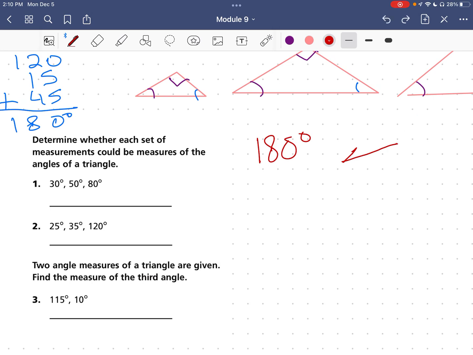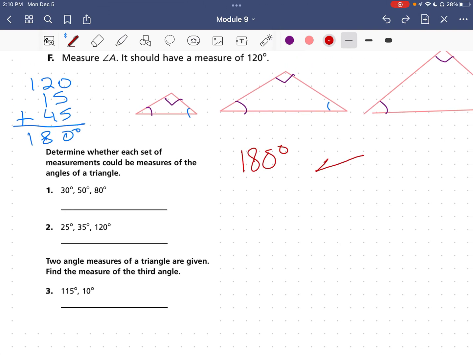Or let's see, pause your video and draw a triangle that wouldn't make sense. Maybe one that is 90, 90, 90. So we would do a 90 degree and then another 90 degree and then another 90 degree. That would be a square.